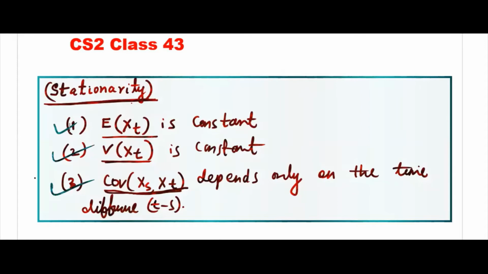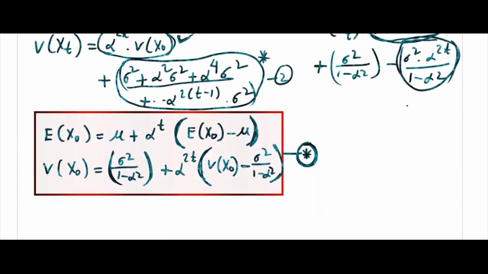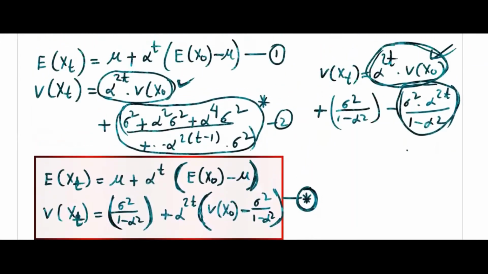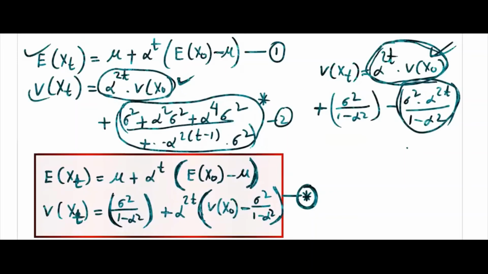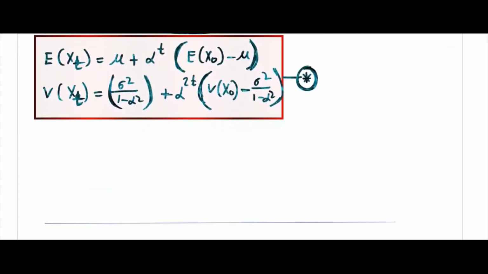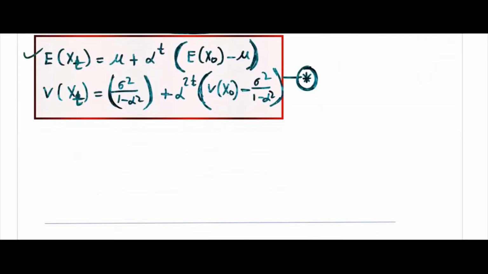Now if you see this one here, left hand side we have xt, so expectation of xt is this, variance of xt is this. Expectation of xt must be constant, variance of xt must be constant.